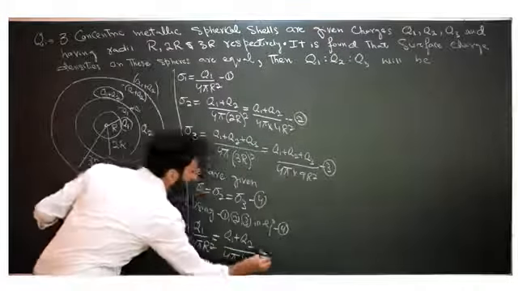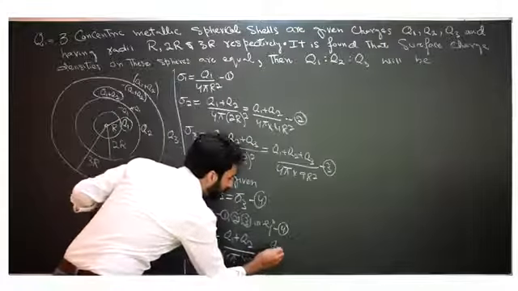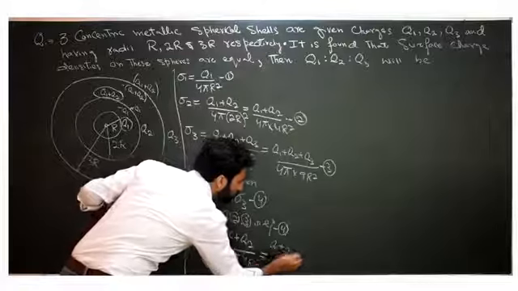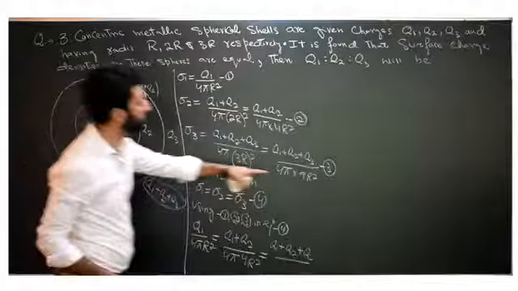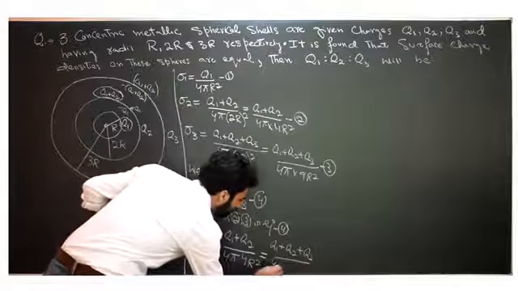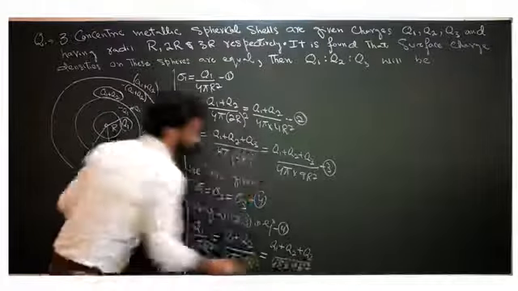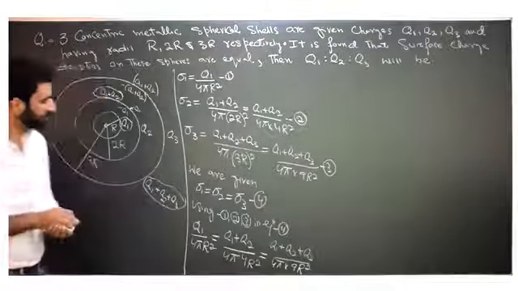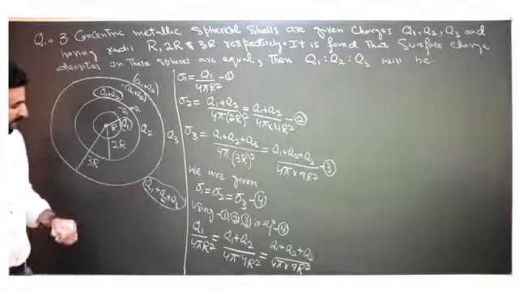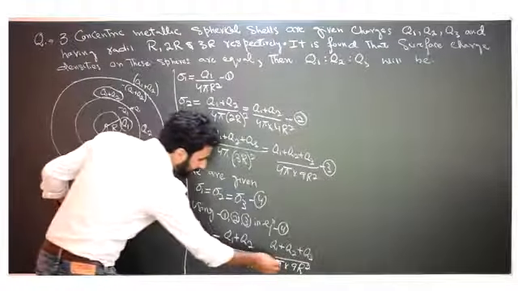This should be equal to the surface charge density of the third shell, that is Q1 plus Q2 plus Q3 divided by 4 pi into 9r square. Now if we have similar terms in the equation, we can have some cancellations. 4 pi is throughout, so 4 pi we can cancel.